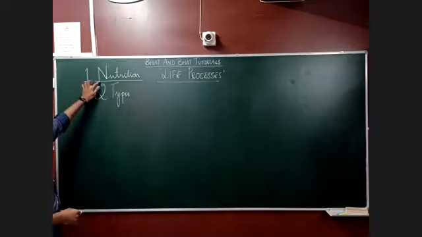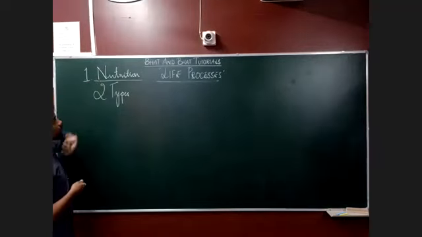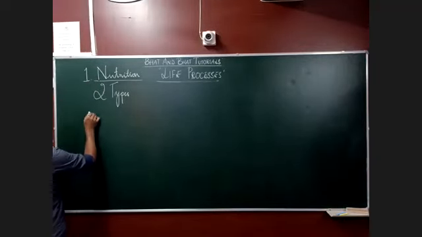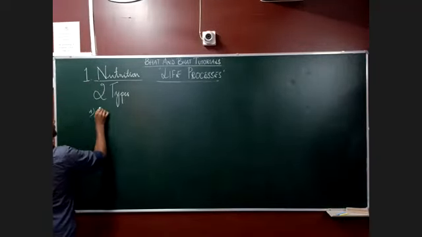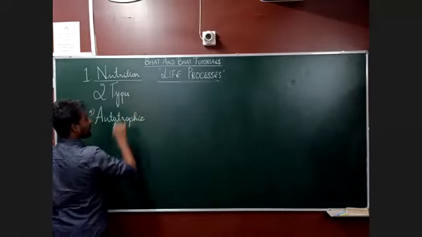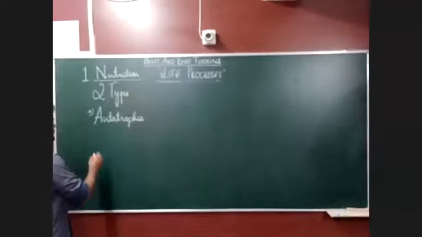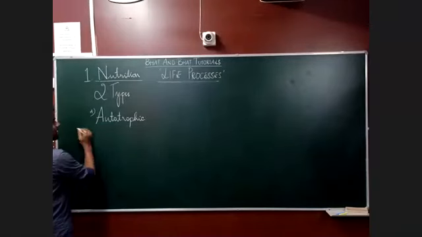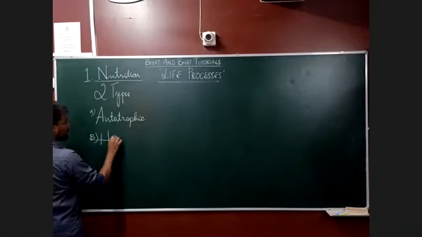Some organisms can prepare their own food. Some organisms will depend on other organisms. So there are two types. What are those two types? The first one we call autotrophic, and the second one we call heterotrophic.